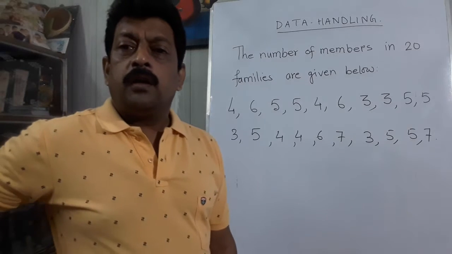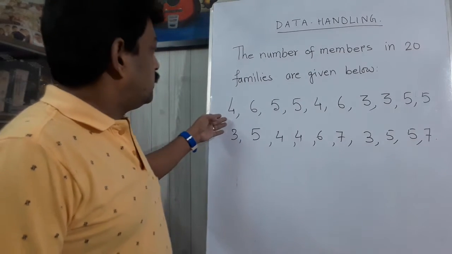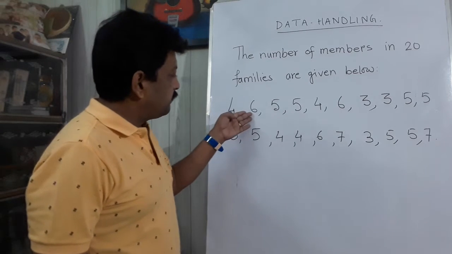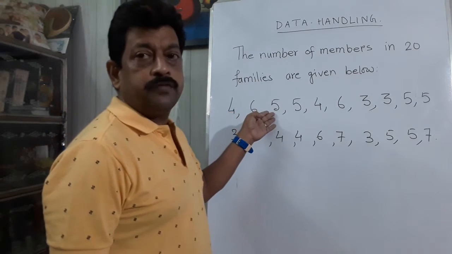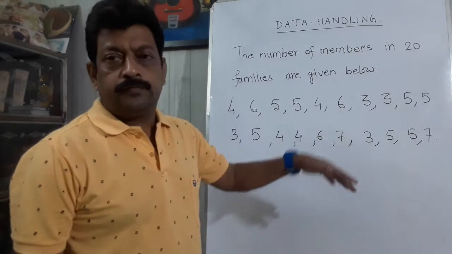So these are the number of members in a particular family. This family has 4 members. This family has 6 members, this family has 5 members, this family also has 5 members, and so on.